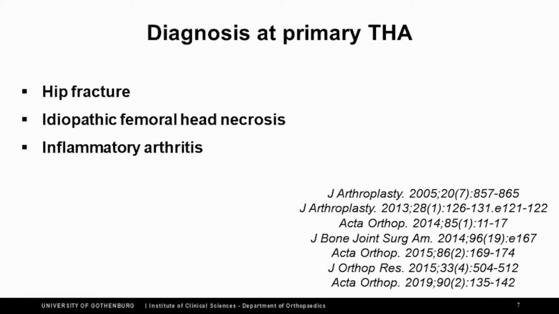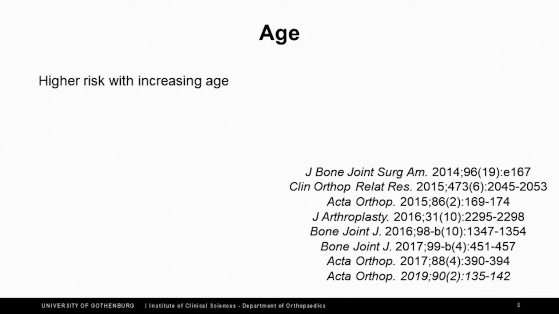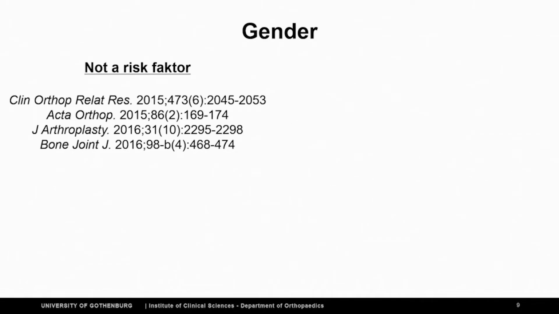Patients with hip fracture, femoral head necrosis, or inflammatory arthritis have a higher risk for periprosthetic fracture compared with those who suffer from osteoarthritis. Increasing age is also a well-documented risk factor. But when it concerns gender, the literature has not been unanimous.